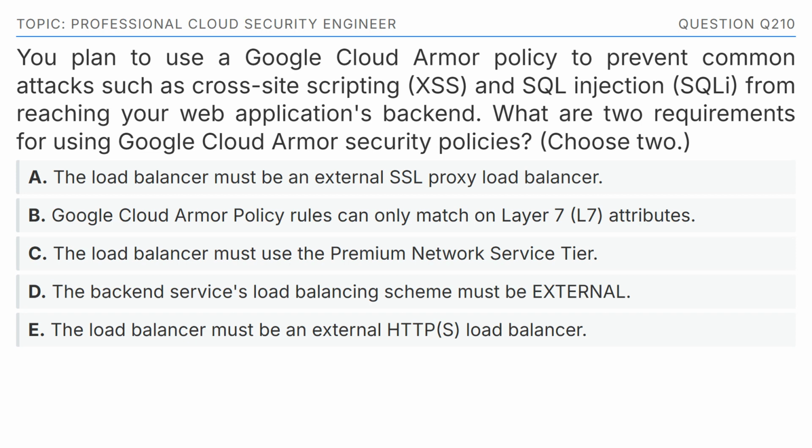Option B, Google Cloud Armor policy rules can only match on Layer 7, L7 attributes. Option C, the load balancer must use the Premium Network Service tier. Option D, the backend services load balancing scheme must be external. Option E, the load balancer must be an external HTTPS load balancer.